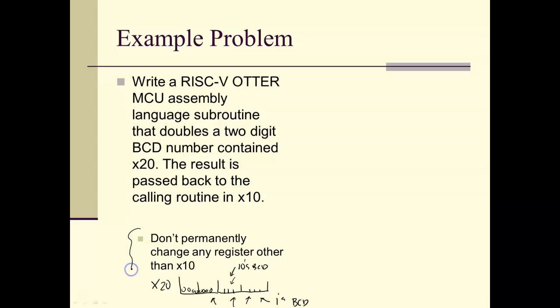Unfortunately, we have to save context, so I'll switch over to the editor in a second. So let's do this thing. The first thing I have to do is give it a name, 2x BCD, for lack of a better word. The first thing I need to do is save context.